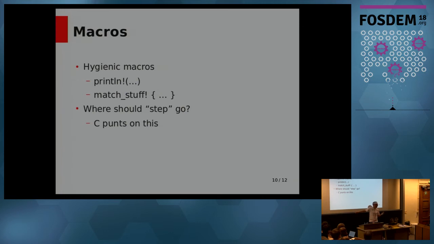There's a proposal to let macros pick one or the other. And then C actually has this problem. It just doesn't admit that it has this problem. If you've ever looked at GCC, nowadays it's not so common, but back in the day GCC had some macros that would expand to like 200 lines of C code.